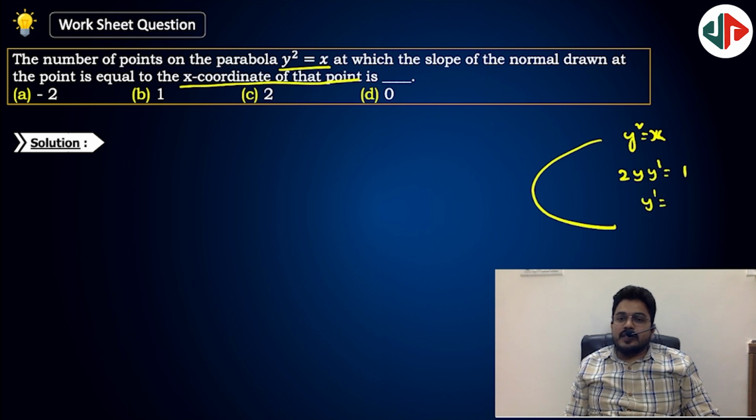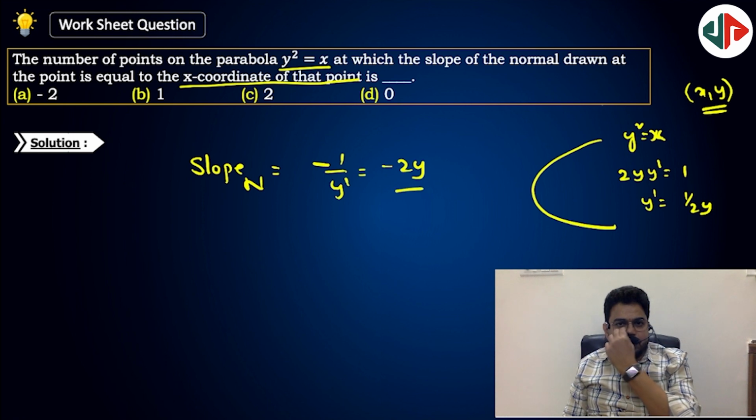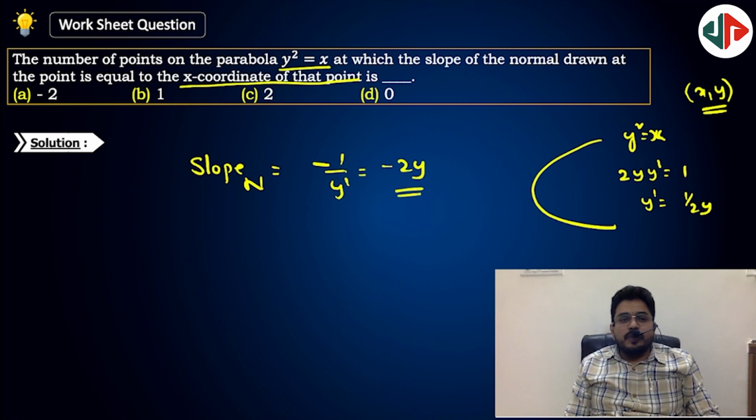So y' = 1/(2y). So the slope of the normal is equal to -1/y', which is -2y. If the point is (x, y), the slope is this one. Now, at which the slope of the normal drawn at the point is equal to the x coordinate, equal to x.